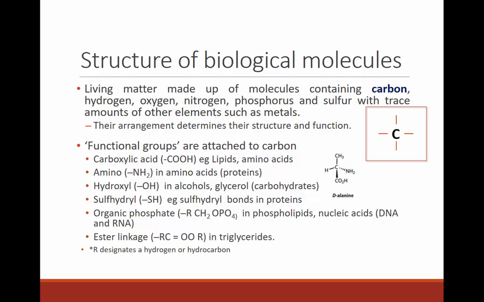Okay, so acetic acid is one of those. You also get lipids and amino acids having that same functional group. Then we've got amino functional groups, and these are the NH2 groups. And typically they're amino groups, so they're found in amino acids.